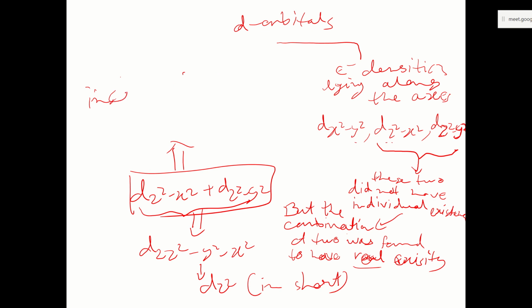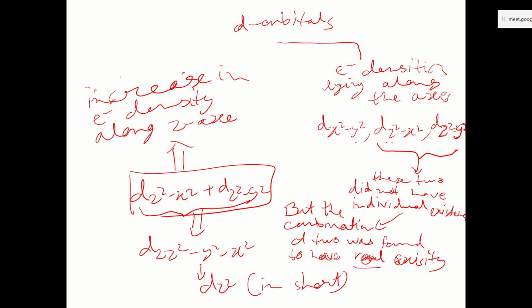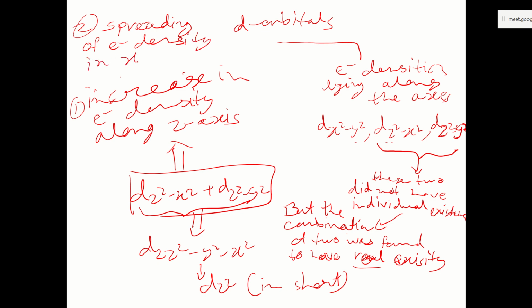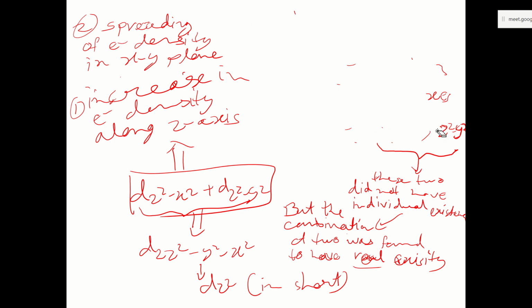When we are combining this, what we see is electron density along z axis, and there is spreading of electron density in the xy plane. So because of this reason you have this spreading of electron density in xy plane.